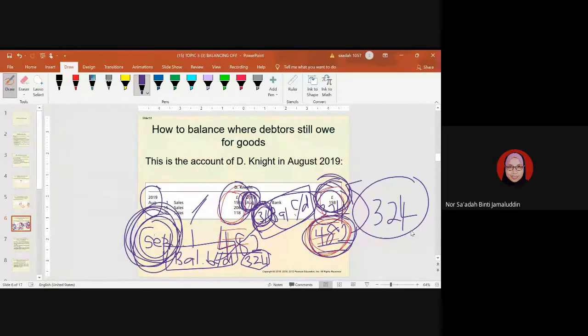Okay, the position that you record in the Trial Balance must be the same as the position where the account shows its balance brought down. So let's say you do this balancing off and you make a mistake on the balance carried down that should be debited, you put it in credited. So your amount in the Trial Balance will not be balanced.